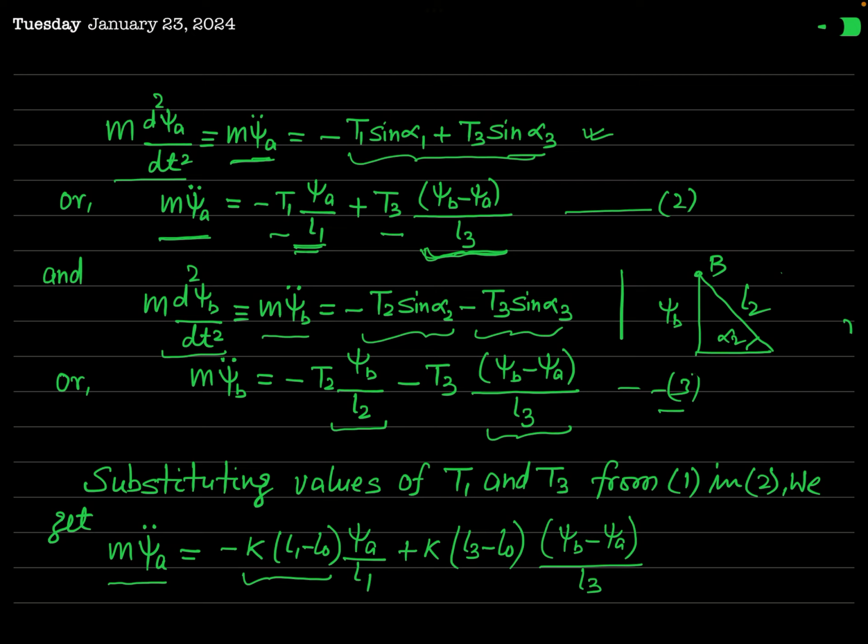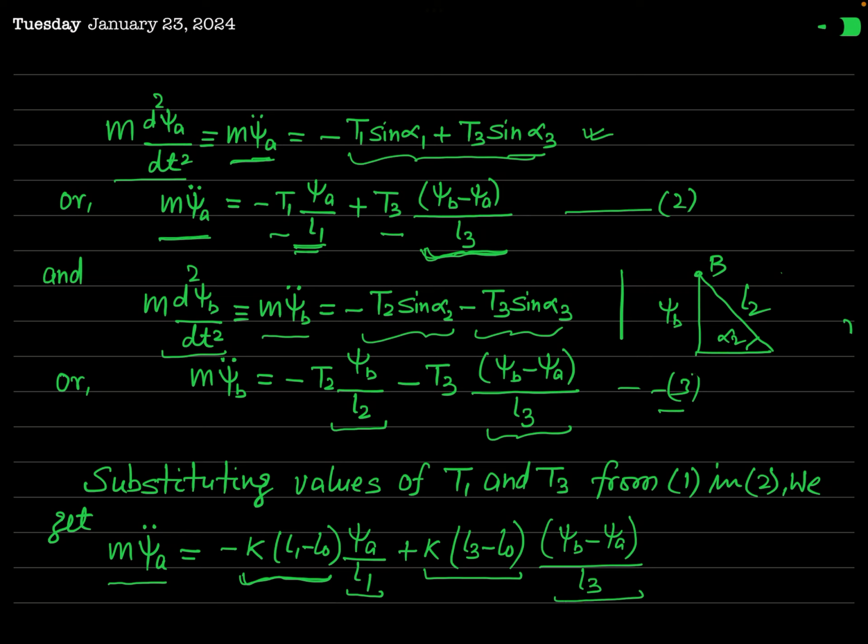So instead of T1 I have written K times L1 minus L0 and times psi A divided by L1, and plus T3, but T3 is K times L3 minus L0, and times psi B minus psi A divided by L3.